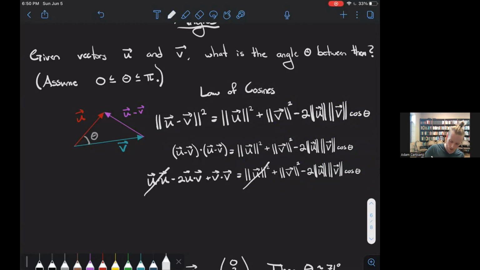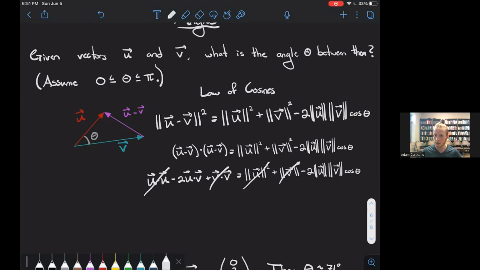I can pull that trick twice, because v dot v is the same as the norm of v squared. What's left on the left-hand side is negative 2 times u dot v, and on the right-hand side negative 2 times the norm of u times the norm of v.